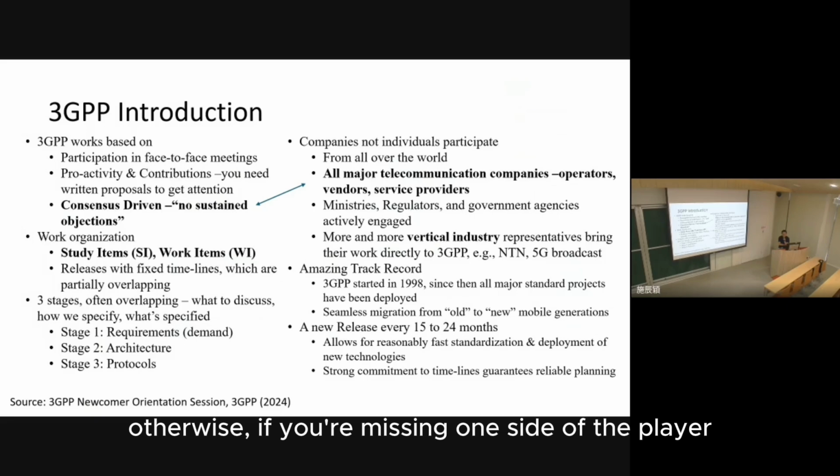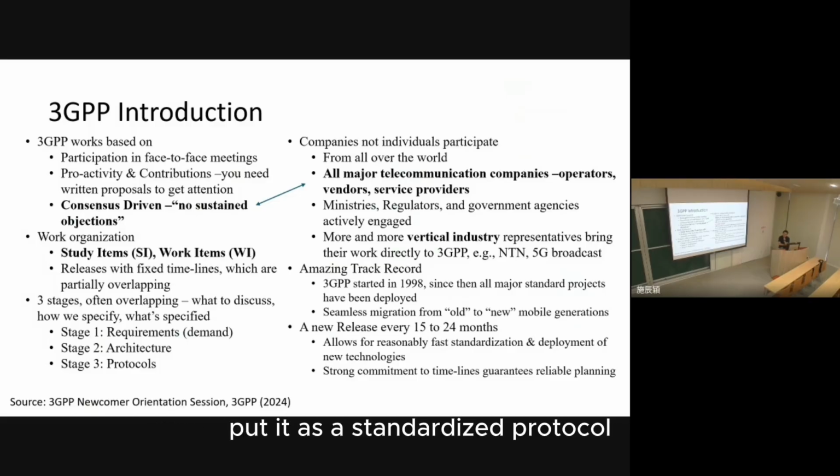Otherwise, if you are missing one side of the players, even if we made a decision for standardization and put it as a standardized protocol, the protocol is actually useless, because you already know that one side of the players will never implement it, whether from a cost perspective or even a more basic feasibility perspective.